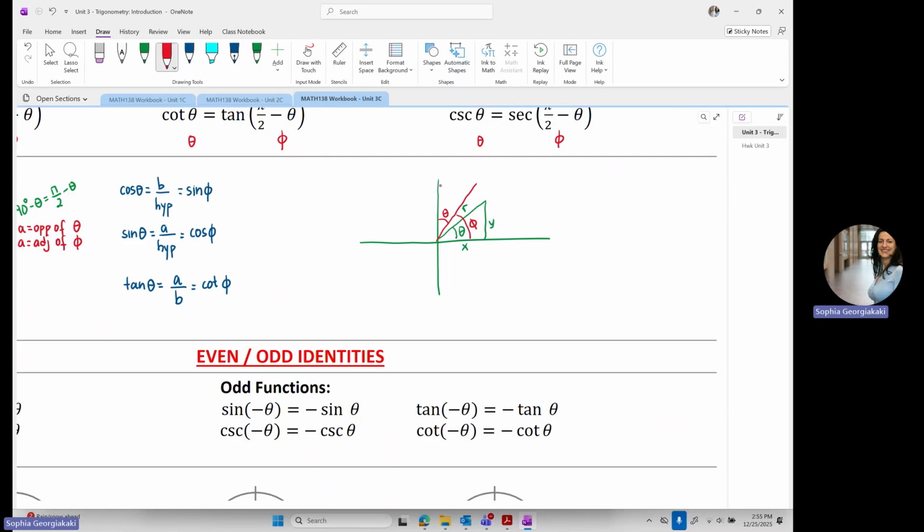And in that case, if I were to draw the same rectangle, this x prime equals the y of theta, and this y prime of the complementary angle will equal the x of theta.